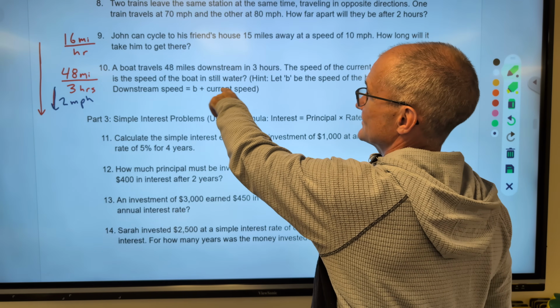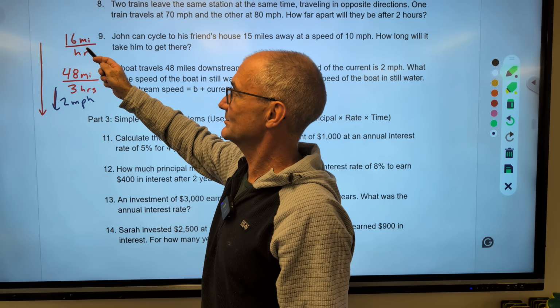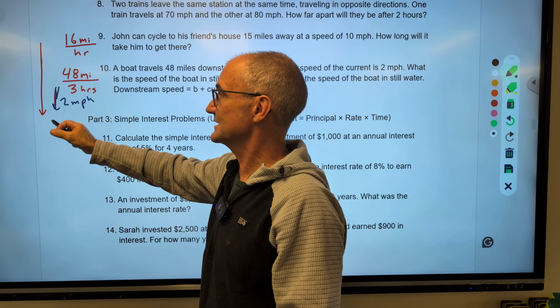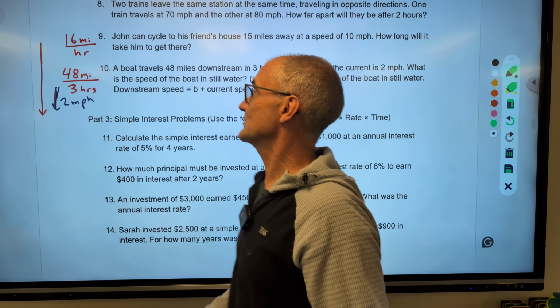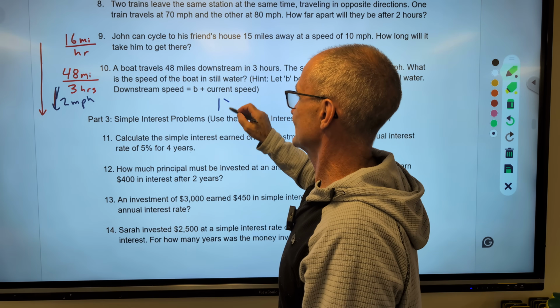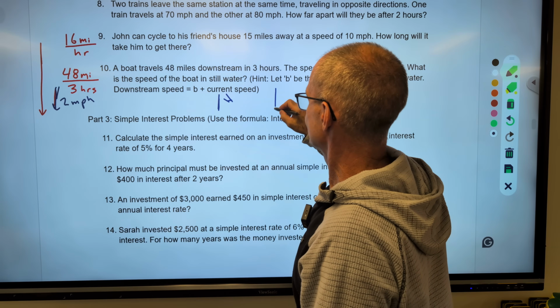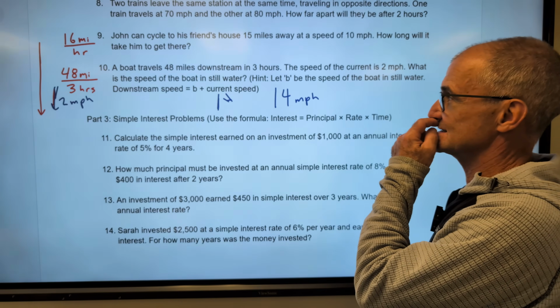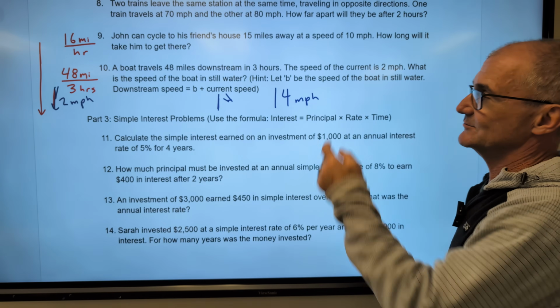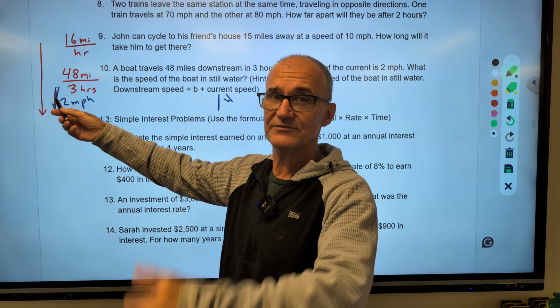What is the speed of the boat in still water? Well, it's going downstream at 16 miles per hour. The current is pushing it, so of that 16, 2 is the current. So it must be going 14 miles per hour. Let's see if that even makes sense. I'm traveling 48 miles per 3 hours downstream, so I'm going fast.